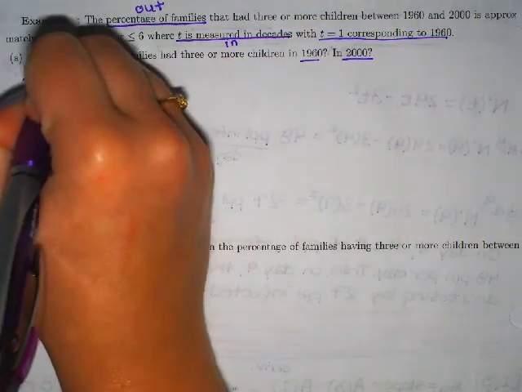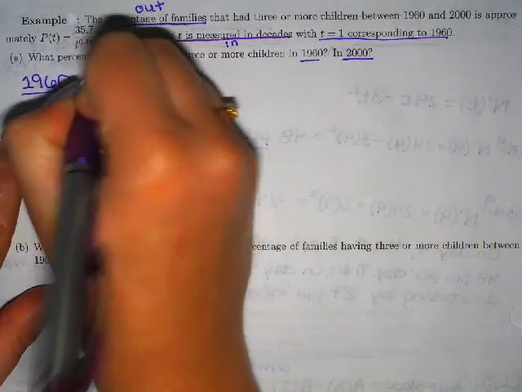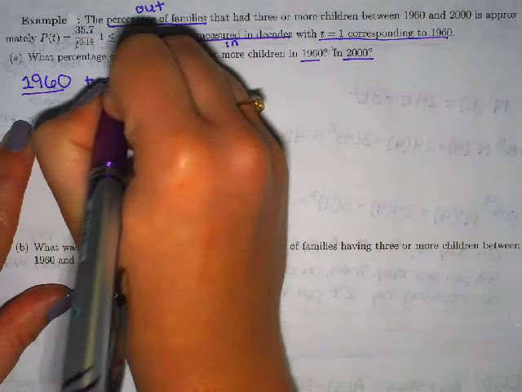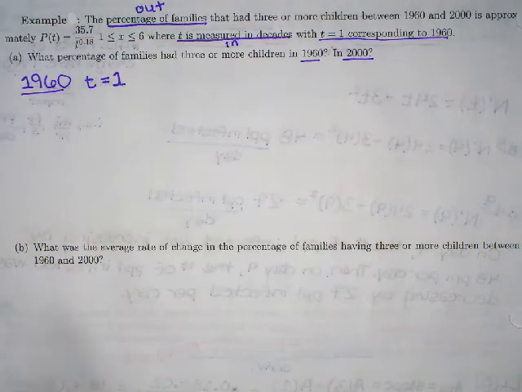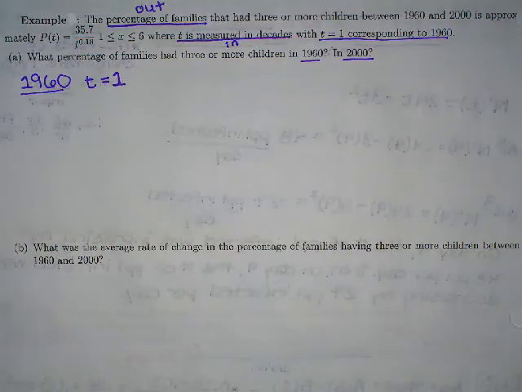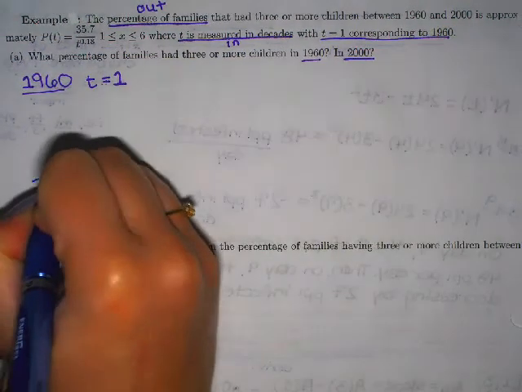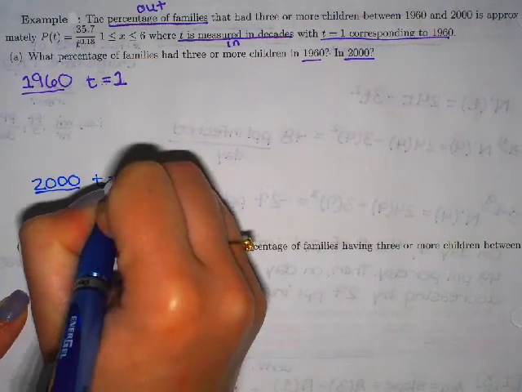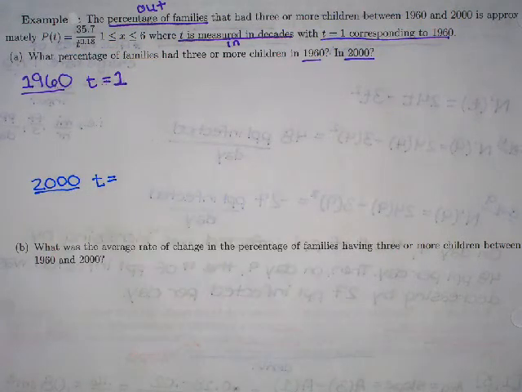but I needed to figure out the T values for these. So 1960, what is the T value? Well, it's given to be 1. So take a second. What's the T value for 2000 then? What's the T value for 2000? Be careful because it's in decades, and also don't be afraid to count on your fingers.